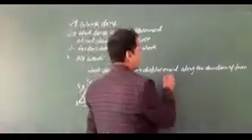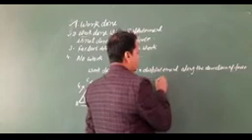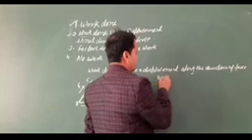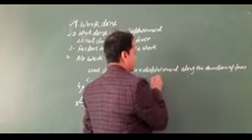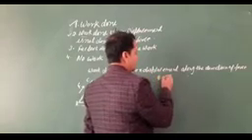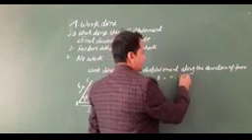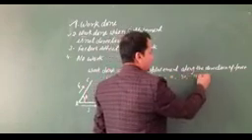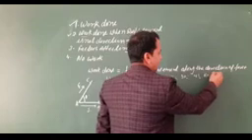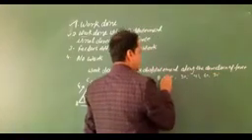So we know that in terms of cos theta, theta equals 0, 30, 45, 60 and 90.